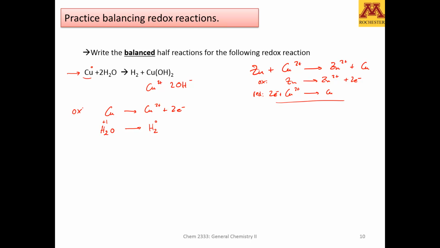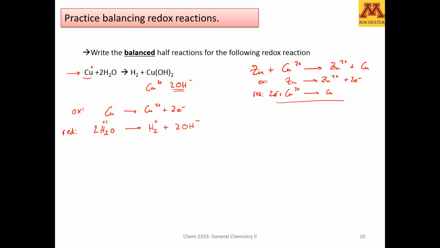This was our oxidation, this is our reduction. And clearly we need to add some electrons. But before we add some electrons, we want to make sure we also balance the number of oxygens. Let me see. If I put this, I can see that I actually have to put a 2 in here.